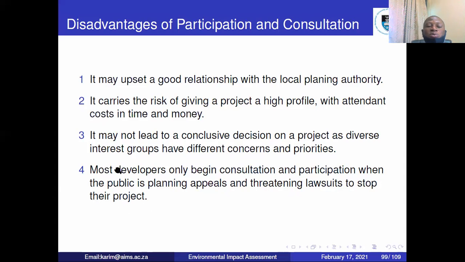This is not good. It is not good for you to start thinking of allowing them to participate or consulting them only when they start threatening that they will take you to court. That is going to be very difficult.